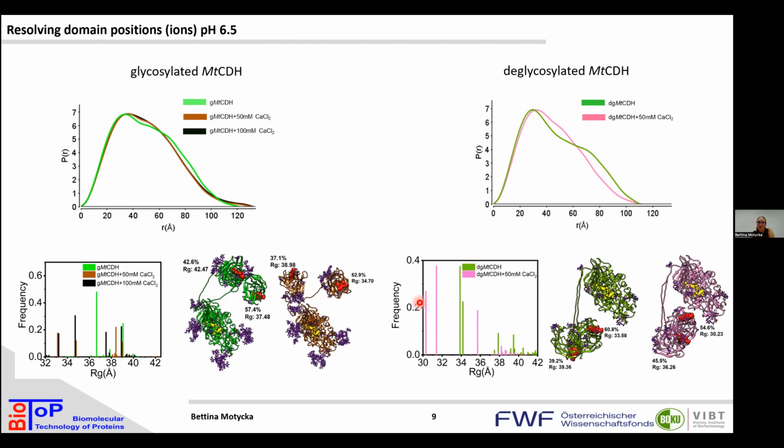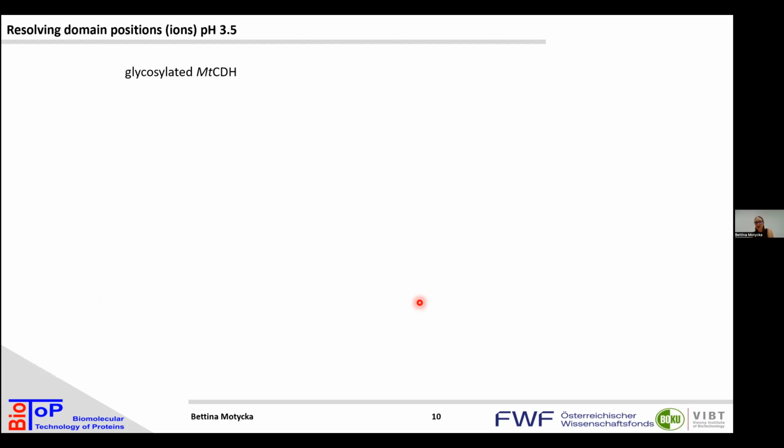And now maybe someone came up with the question: we could show that it stabilizes the closed conformation, but if you already have a more compact state, can it have an additive effect on a compact state? To answer this, we measured all at pH 3.5, where we know that it's already in a compact state.